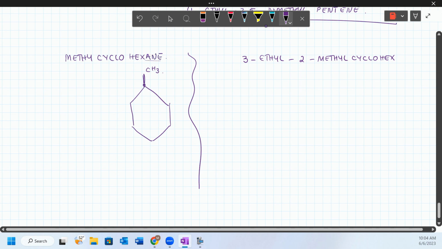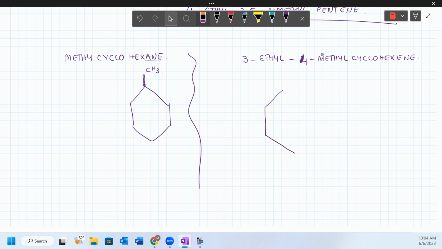Let's make this 4, not 2. Then we have a cyclohexene, meaning that in one of them we have a double bond, but we have a structure with 6 carbons in a cycle.